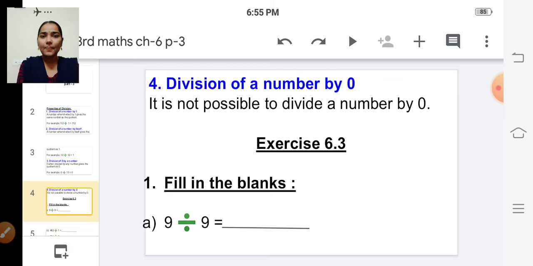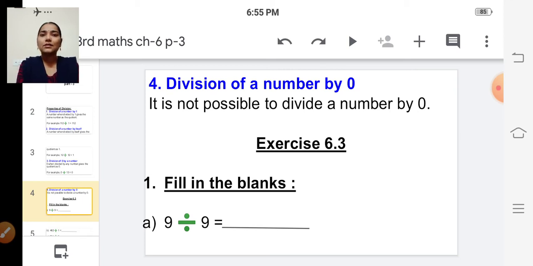What is the first property? If we divide any number by 1, then we get the quotient as the number itself. Second, if we divide any number by itself, then we get the quotient as 1.